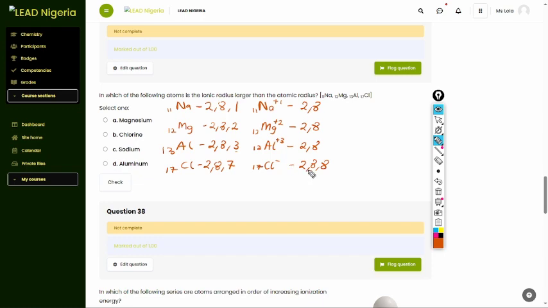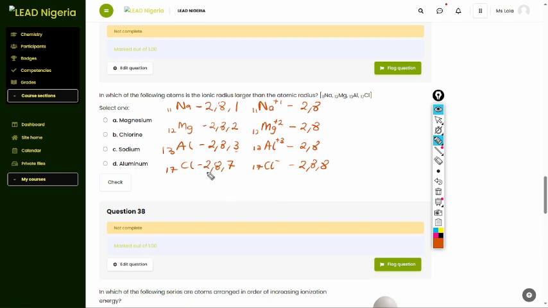Then what happens is that the added electron repels the other electrons that are there, because electrons are all negatively charged and like charges repel each other. So the more electrons you have in that shell, the more repulsion you get. And as they repel each other, it increases the size of the atomic shell or atomic orbital.